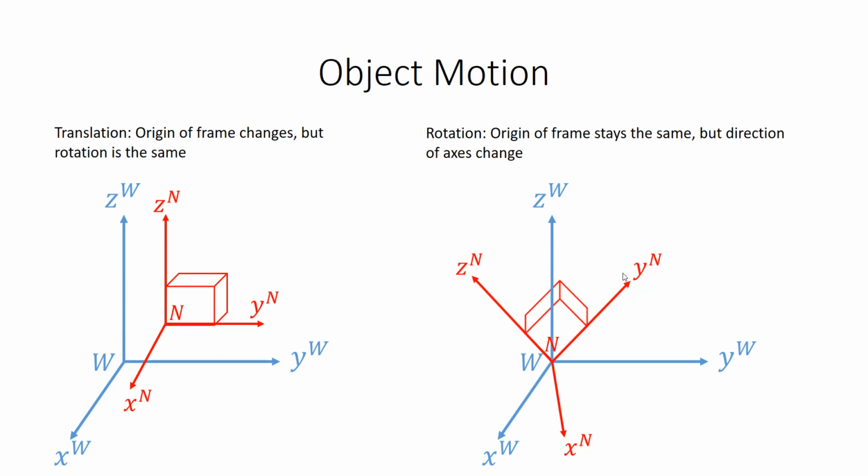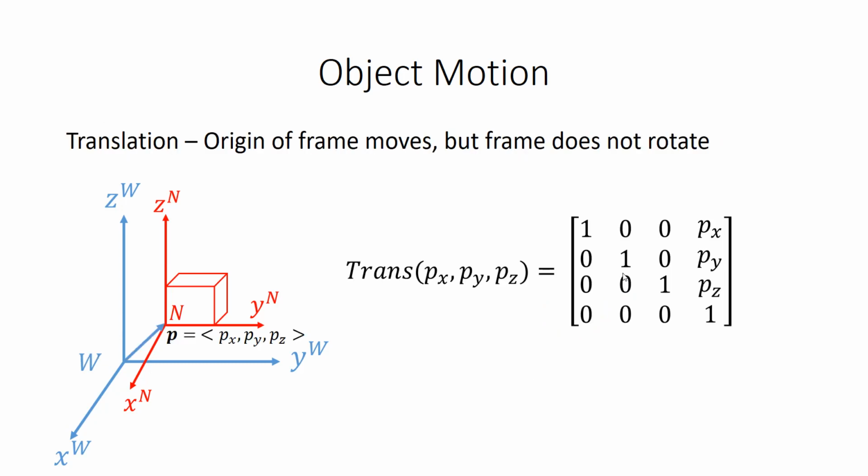Any type of motion that objects do in space can pretty much be broken down into translation and rotation. If we want to represent these with transformation matrices, we actually have special matrices for both types of motion. The first one we'll look at is translation.